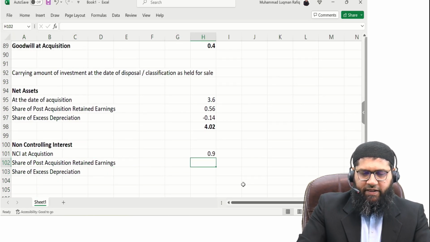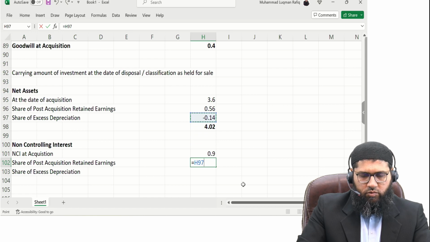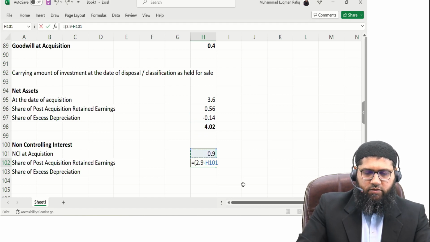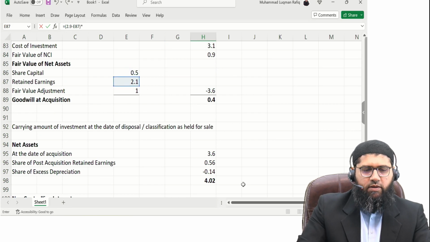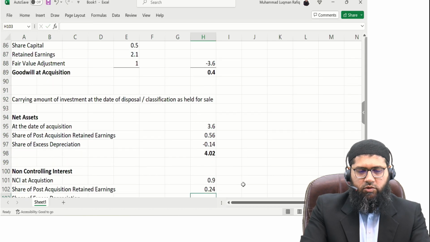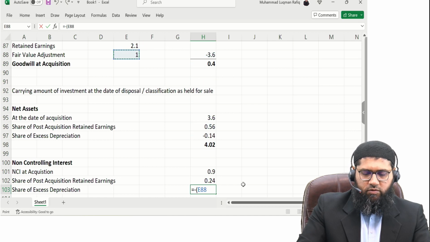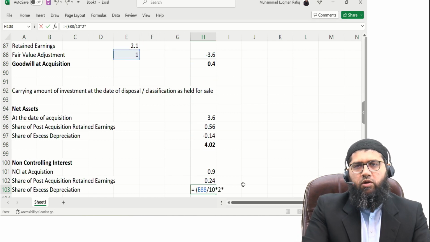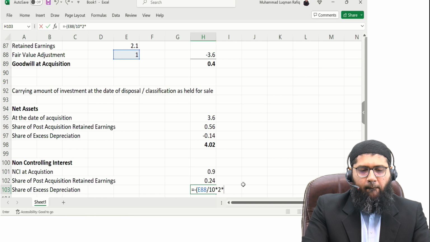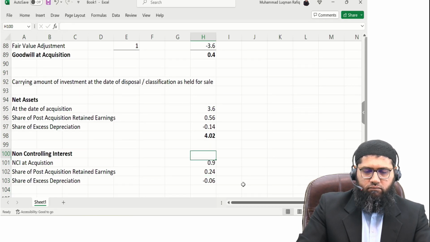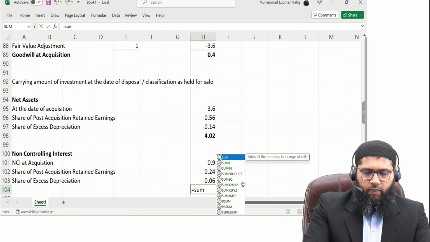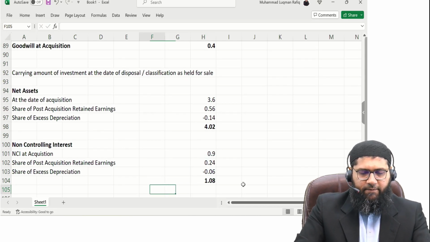Share of post-acquisition retained earning is going to be what? It's going to be 2.9 minus 2.1 multiplied by 30%, and this is going to be minus, so it has to be spread over 10 years multiplied by 2 multiplied by 30%. Hence, resultingly, this is what the NCI would be shown at.